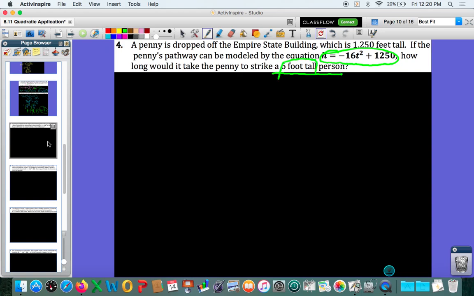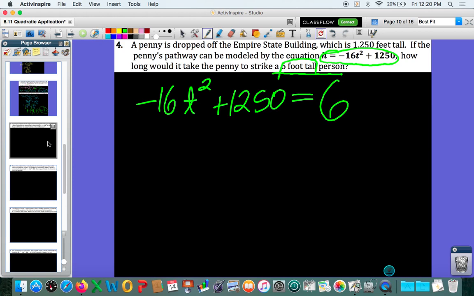6-foot tall person. So negative 16 t squared plus 1,250 will be equal to 6 this time, not 0. We're hitting an object above the ground, in this case a person. So when we inverse our 1,250, we're going to have to inverse it from 6.